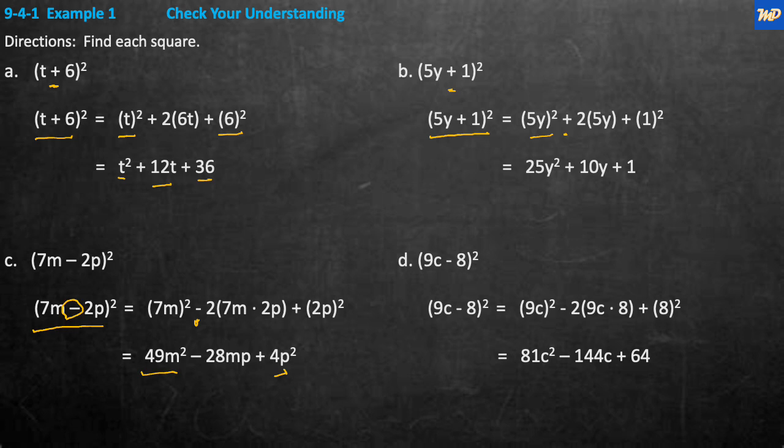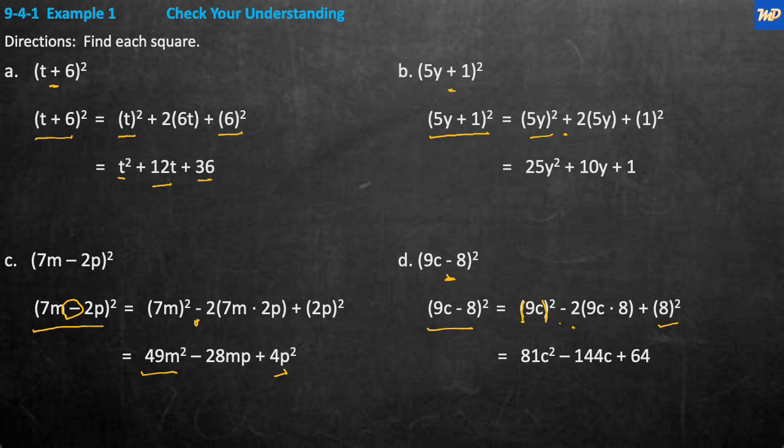Let's do D. So the quantity 9c minus 8 squared. So I take the parentheses right here, and I always put these in parentheses, or I try to remember to. 9c squared. Then at the end, it's 8 squared right here. And then it's minus, because we have a negative, minus 2 times 9c times 8.